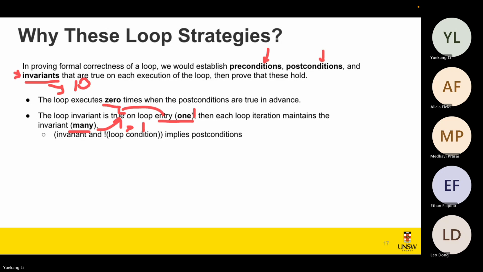The design of the special values echoes the idea of precondition, postcondition, and invariant. So it is not just for boundary value testing, it also echoes some formal aspects of program analysis.